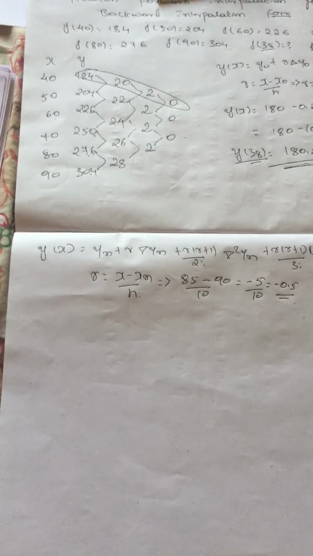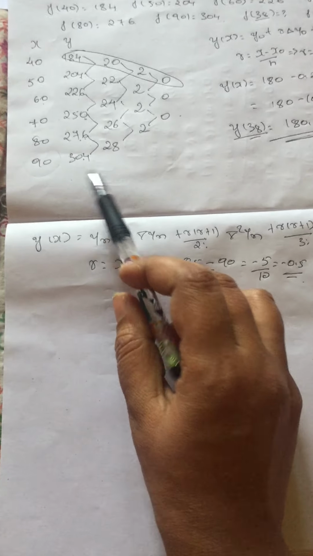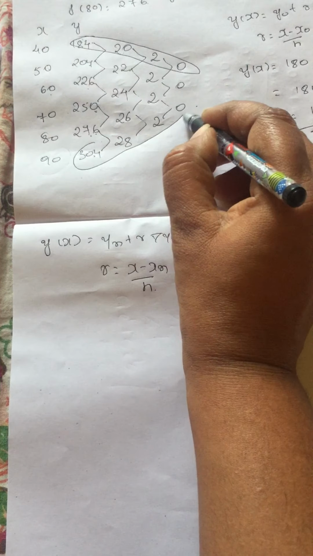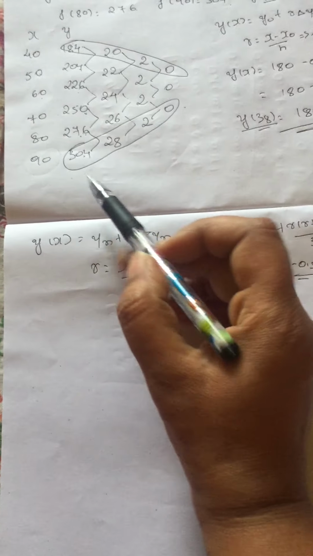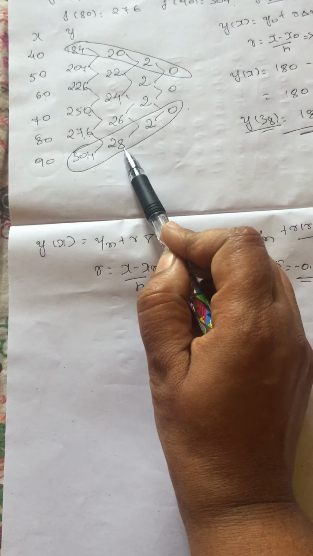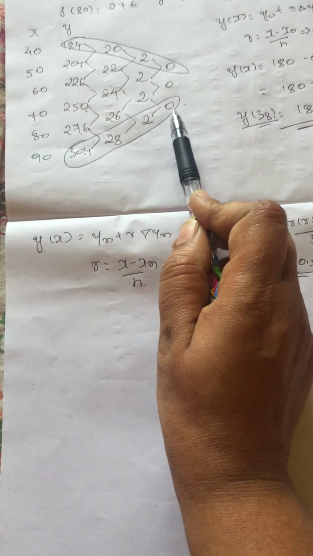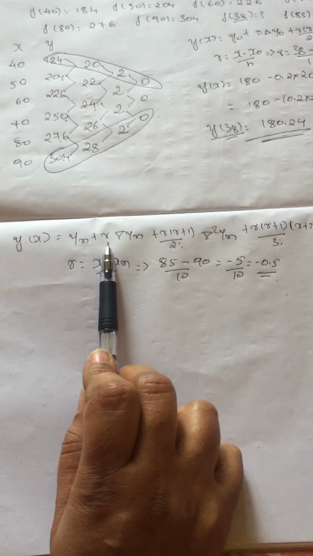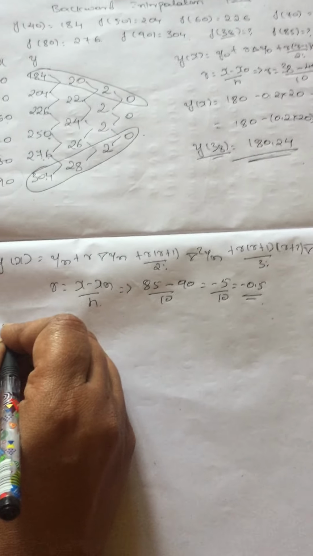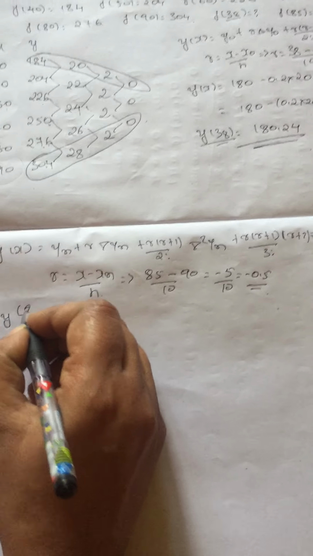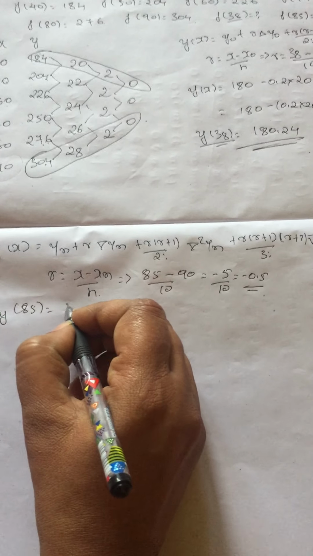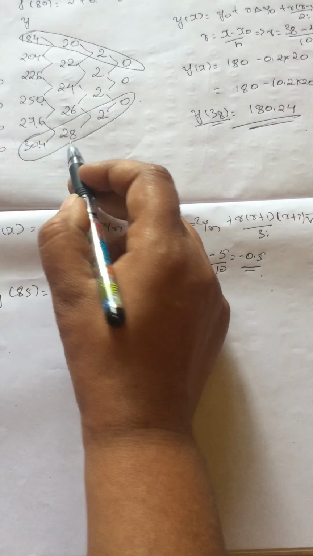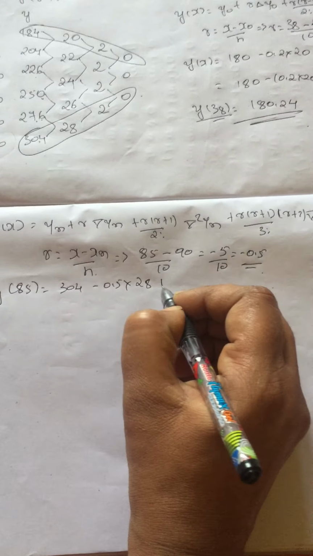R value is minus 0.5. Now yn is 304. For the backward interpolation formula we take the last leading values, that is yn, nabla yn, nabla square yn, nabla cube yn. Now these values and the r value are put in the equation. So y of 85 is equal to yn value 304, r value minus 0.5, nabla yn value 28.